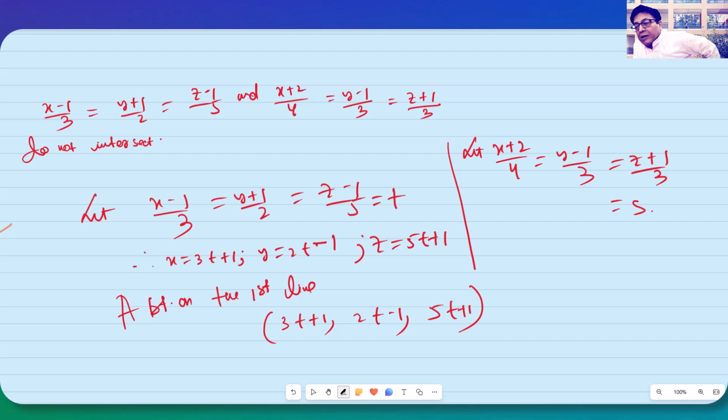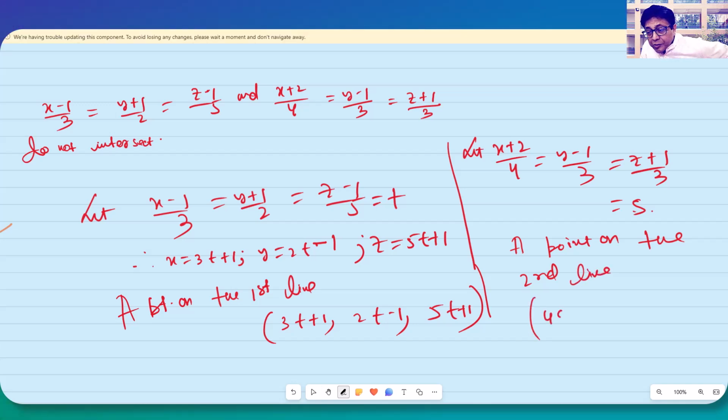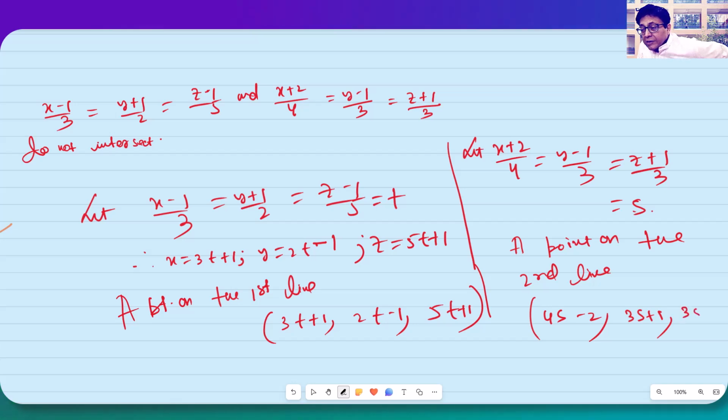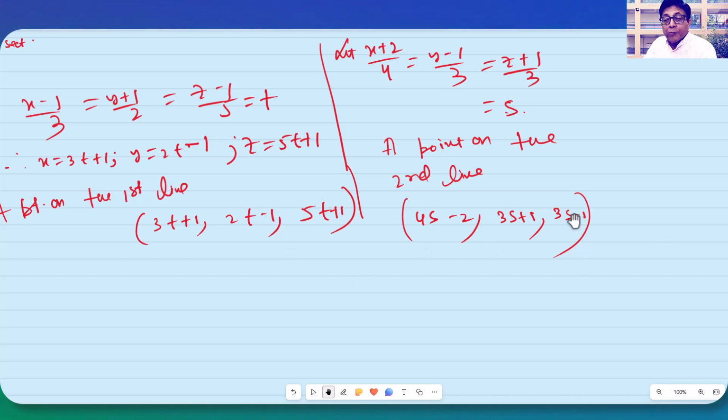And how to write a point on this second line? In a similar manner, just compare. x is going to be 4s minus 2. Cross multiply here. And next one, 3s. Hope you have understood. So you got a point on the first line, you got a point on the second line.